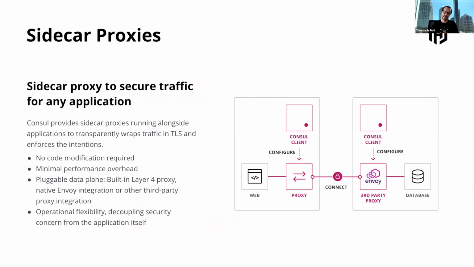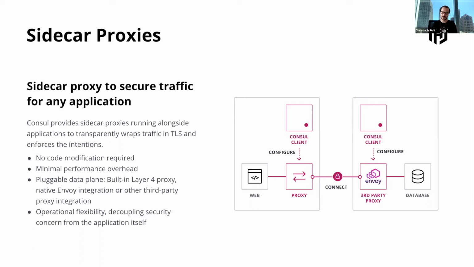Now if a service endpoint like this web endpoint wants to talk to the database and it wants to leverage the service mesh, it would not call the database endpoint directly over the network. It would just connect to its sidecar proxy, and the sidecar proxy would do all the heavy lifting when it comes to service connectivity, meaning it would do the service discovery, it would take care of authenticating the traffic between the endpoints, it would take care of authorizing the traffic, like is this service call allowed?